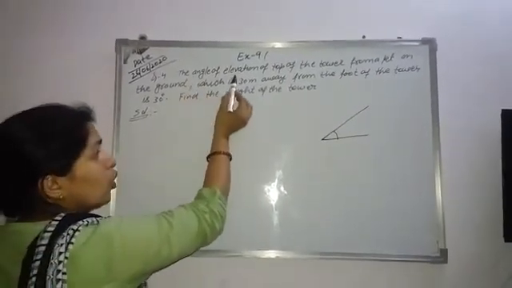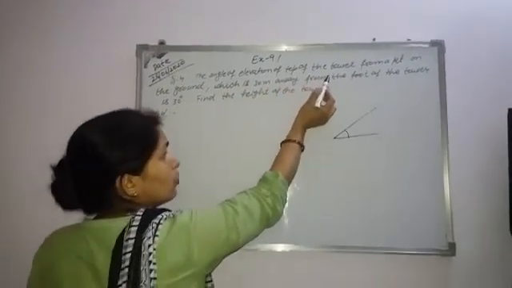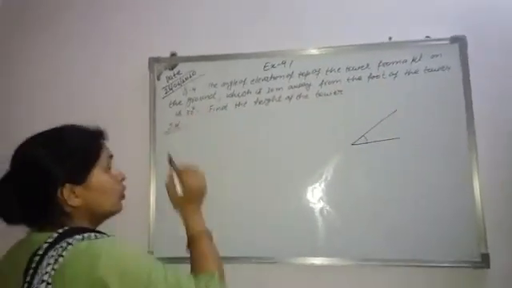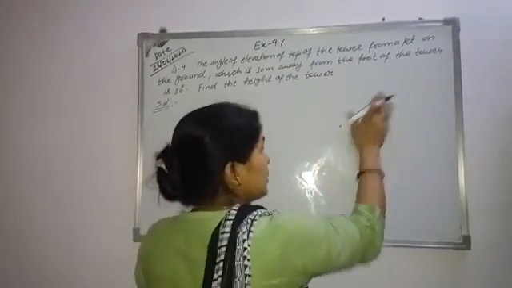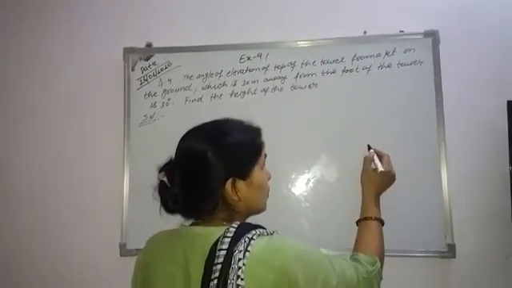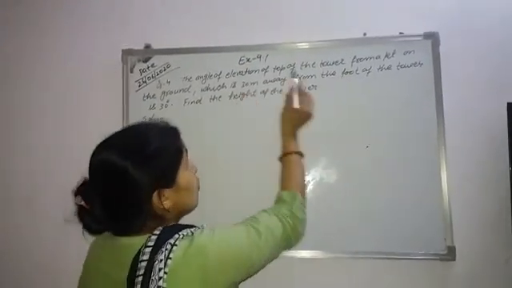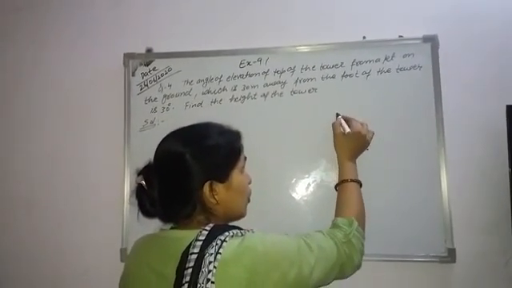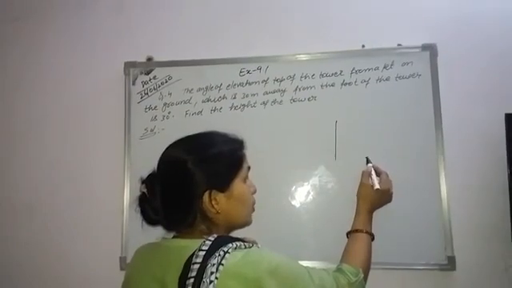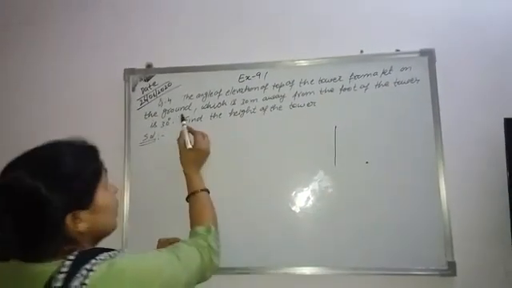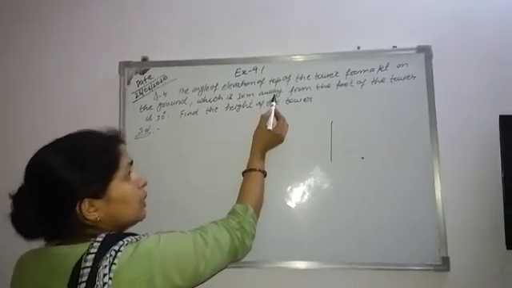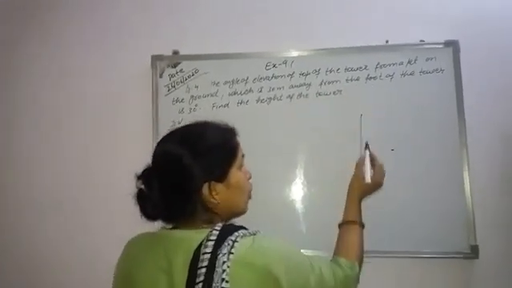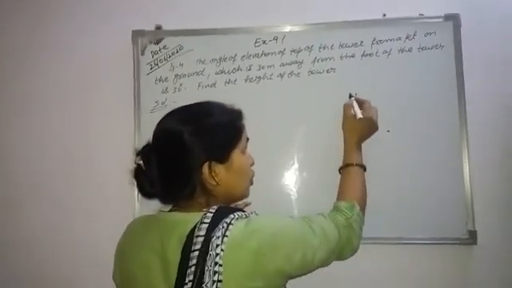Now, the angle of elevation of the top of the tower from a point on the ground. Suppose here is a point on the ground, and let us suppose this is the tower. AB is the tower, and point B is the foot of the tower.